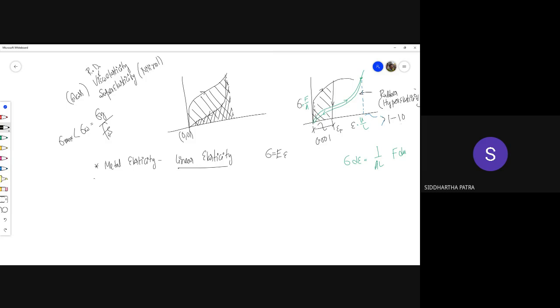Depending on the ductility of the material, that would change between 2 to 10. If it is a completely ductile material, let's say mild steel, then that would probably be 1.5 or 2. Whereas if it is a brittle material, that could be as high as 10 or even higher.